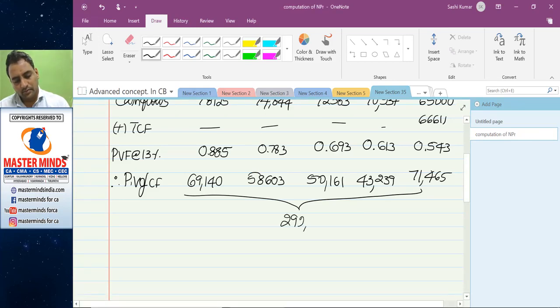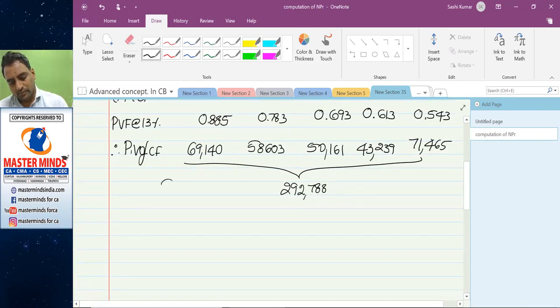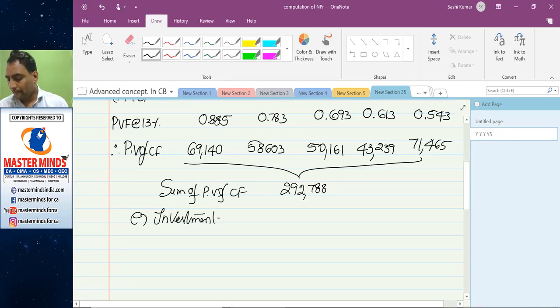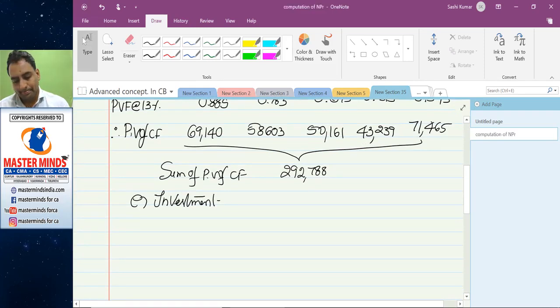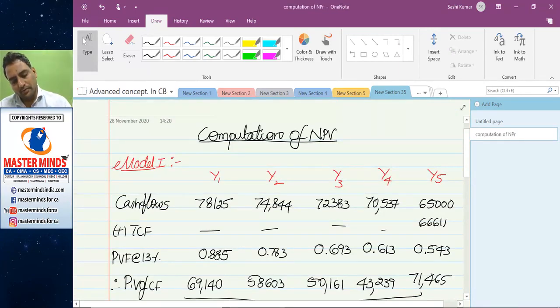Less investment of 2 lakhs. 92,788 is the NPV of model 1.